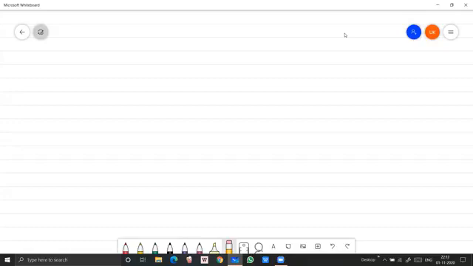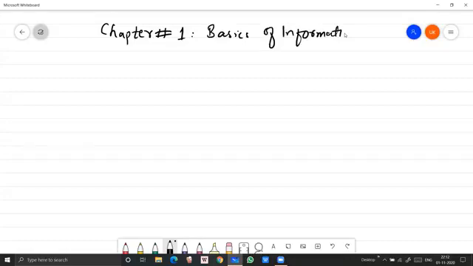Now, we have started with chapter number 1. These are the basics of IT, information technology. This chapter we have already begun.